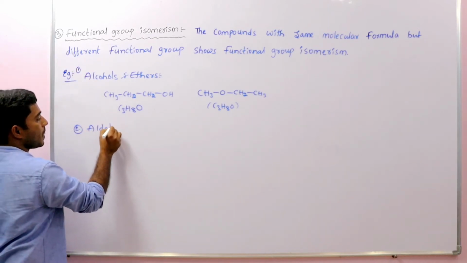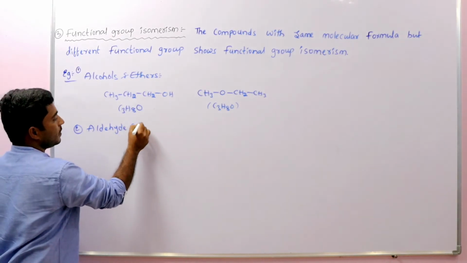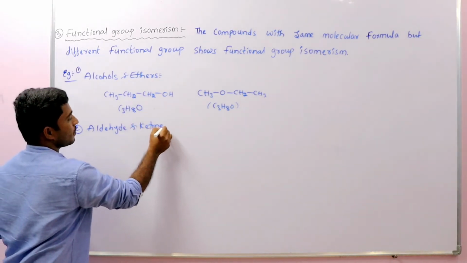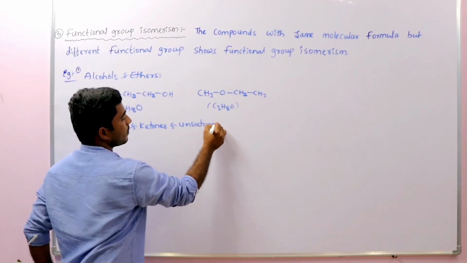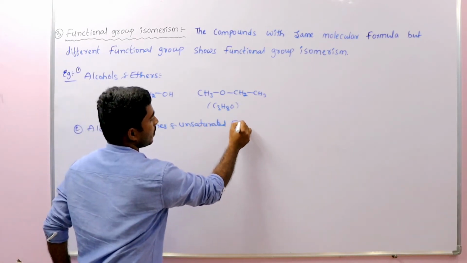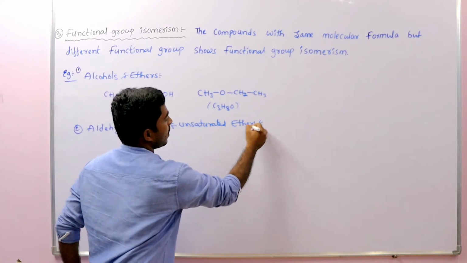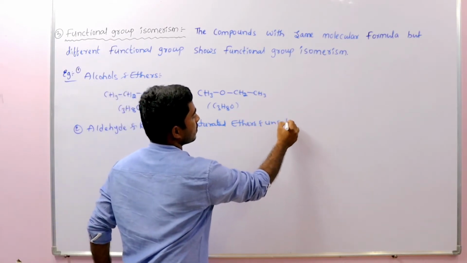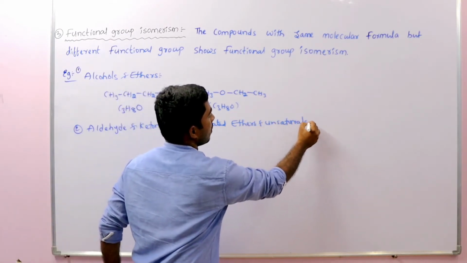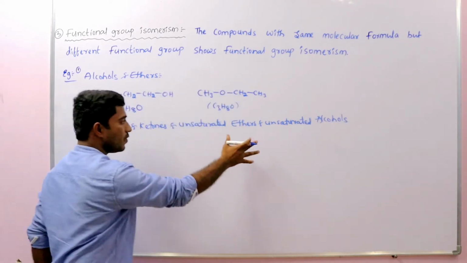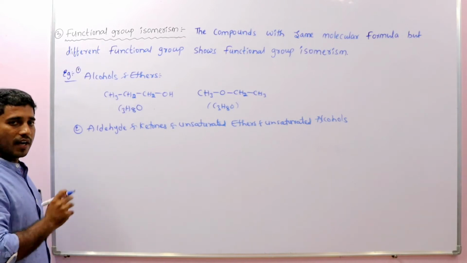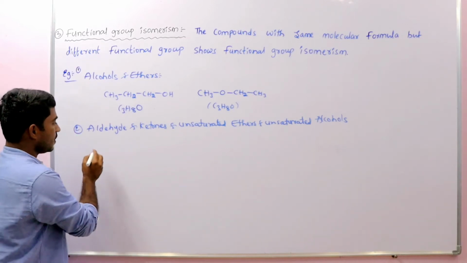Aldehydes and ketones and unsaturated ethers and unsaturated alcohols. So these four types of compounds have different functional groups. Let us see.